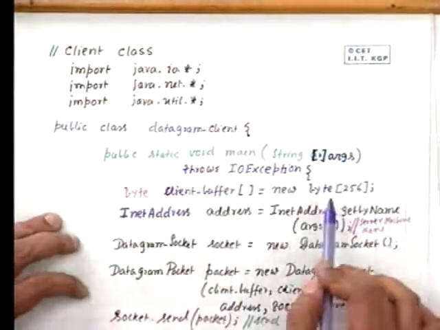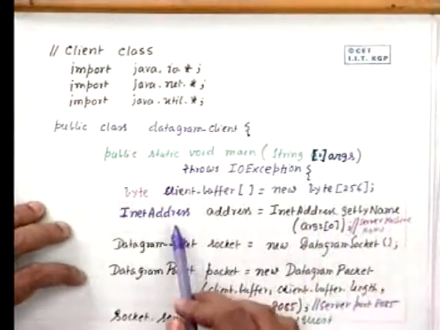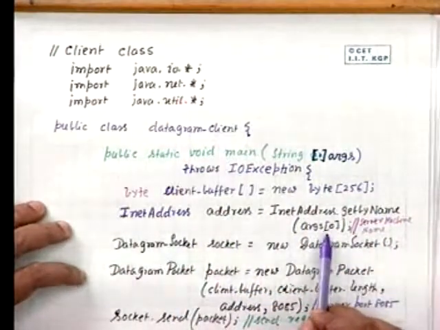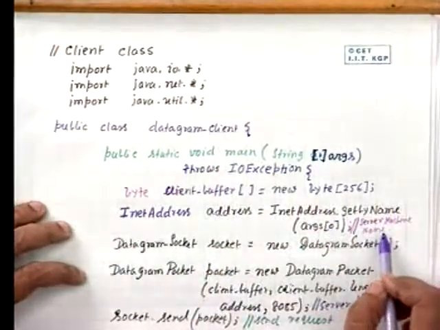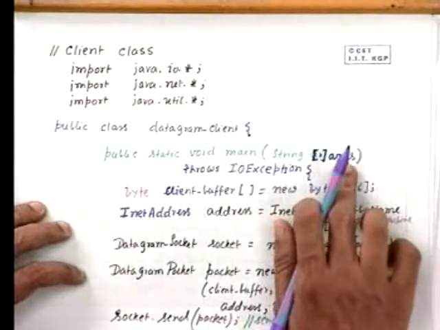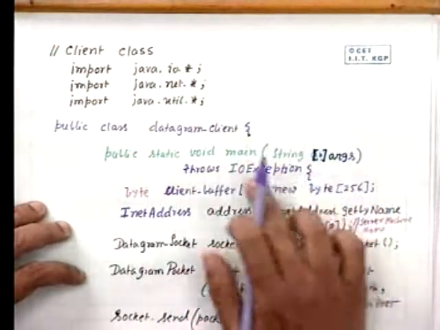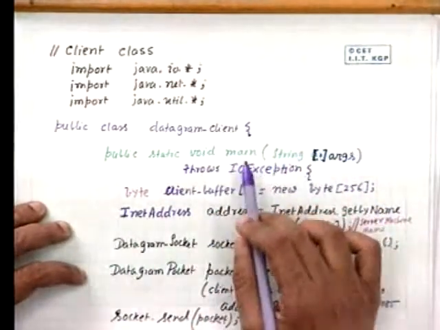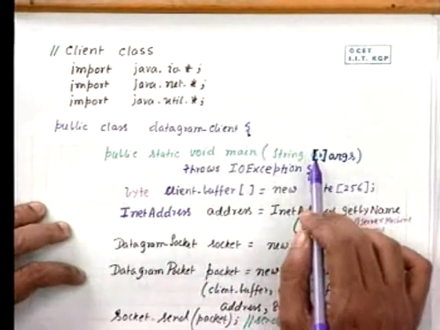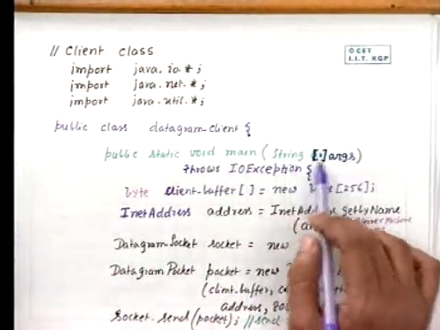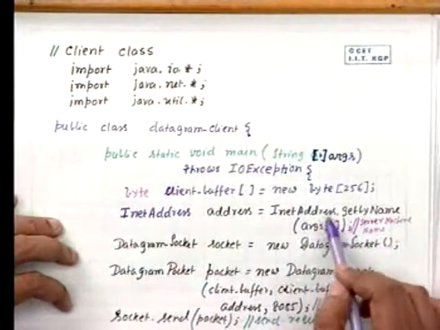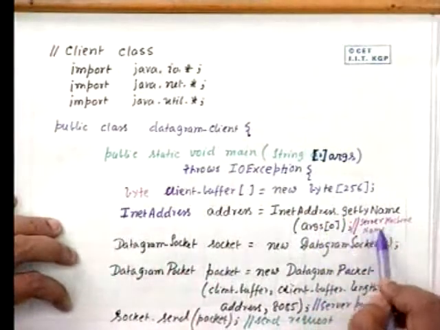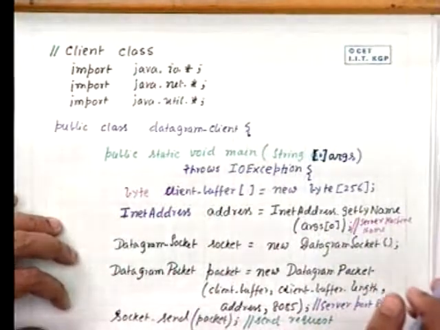So for this, the client also has a buffer in which it reads the data, and in this example we assume that the server machine name is provided as argument 0 in the main program. If you don't remember, main can take arguments, which is args of type String, and as the 0th element we provide the name of the server machine.